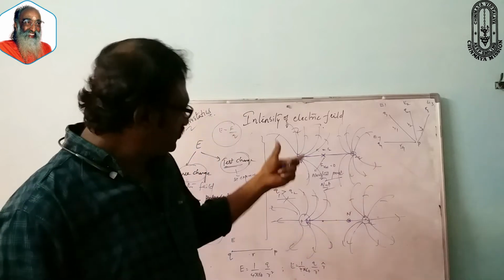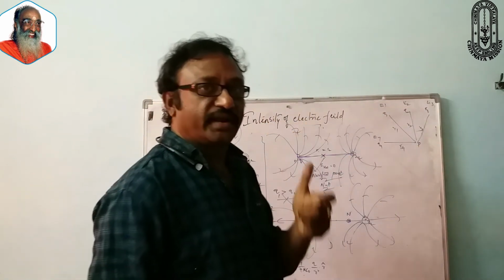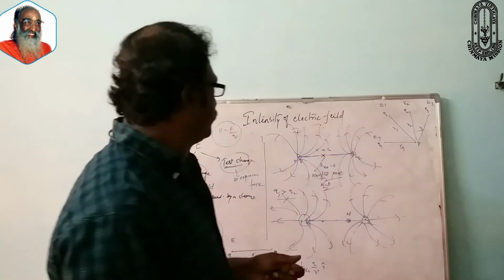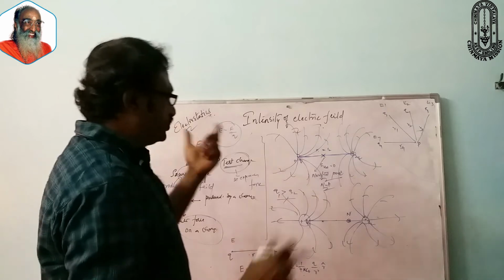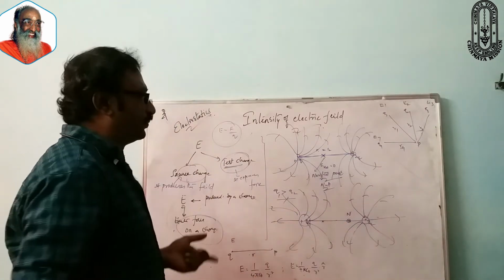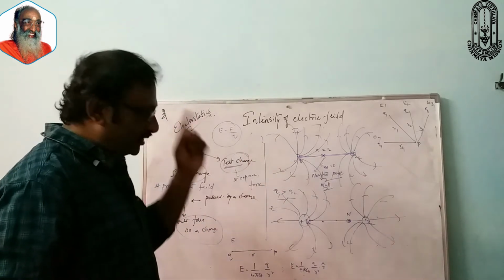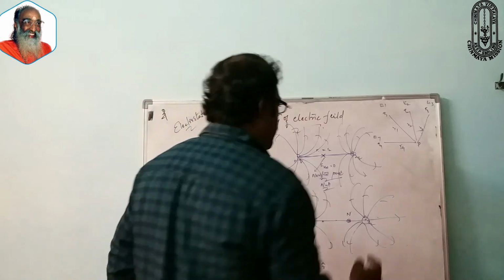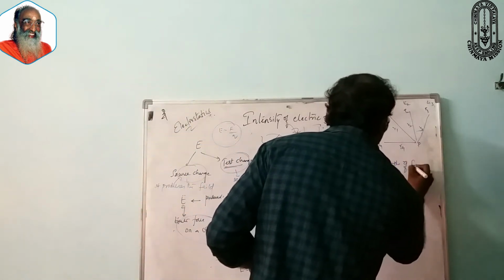Suppose there are number of fields, then how can you find the net intensity of electric field at that particular point due to various charges? We already came across this when reading about Coulomb's law, where we used the principle of superposition. In the same manner, here also we apply the principle of superposition.